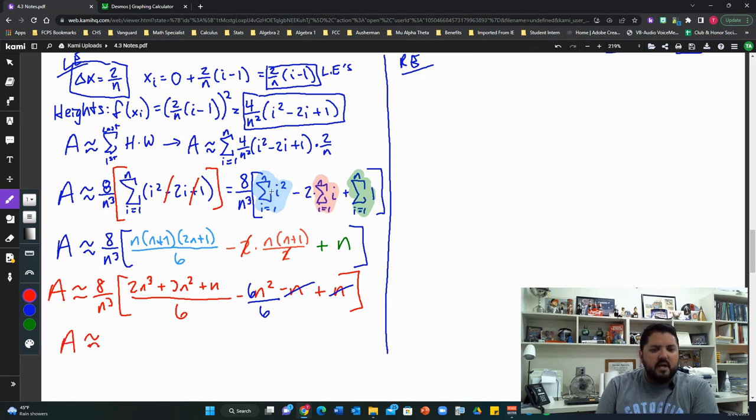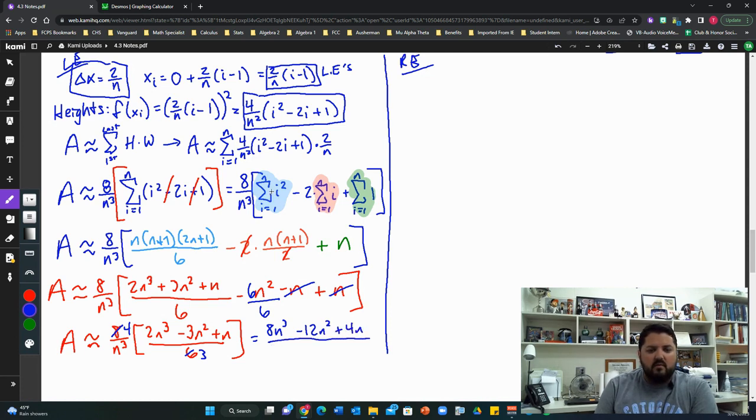We would end up with 8 over n cubed times 2n cubed, 3 minus 6 giving negative 3n squared, plus n, all over 6. If I want to multiply this, I'm going to reduce 8 over 6 first, which turns into 4 over 3. So if I distribute the 4 across, we end up with 8n cubed minus 12n squared plus 4n, all over 3n cubed.